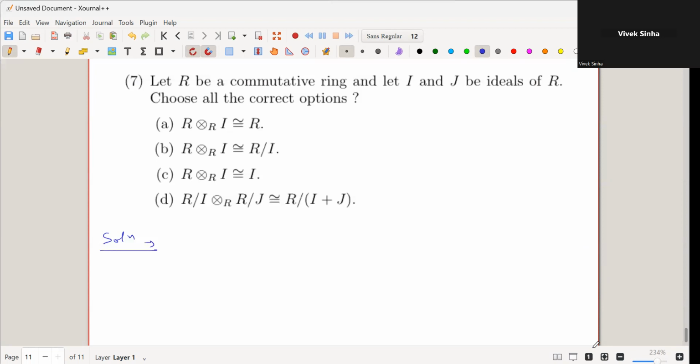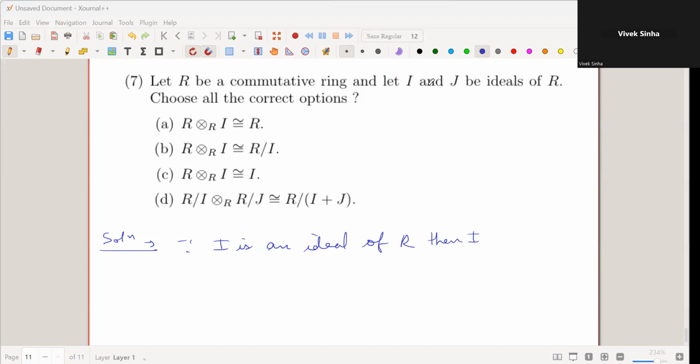So we need to see, first of all, what is R tensor I? So the A, B, C parts will be handled in that way, and then we have to see this second thing. Since I is an ideal of R, then, ideal means left and right both.